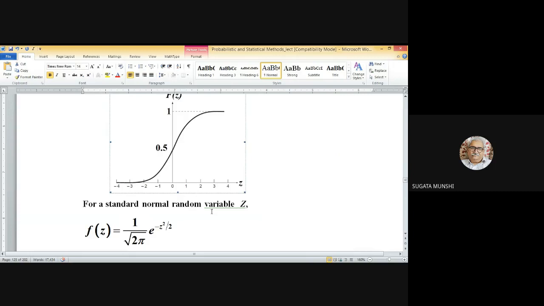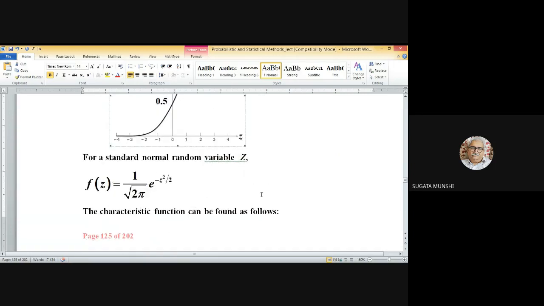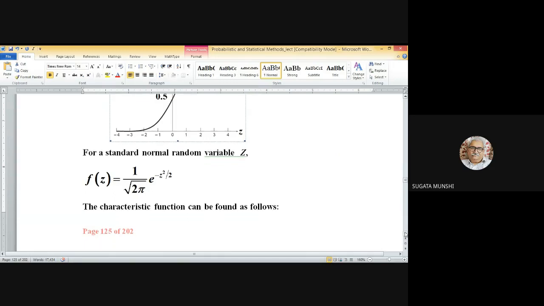So what will be the nature of the characteristic function? Start with that basic expression for characteristic function and let's see what emerges.